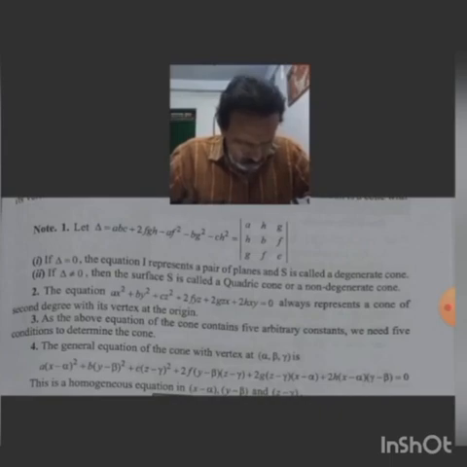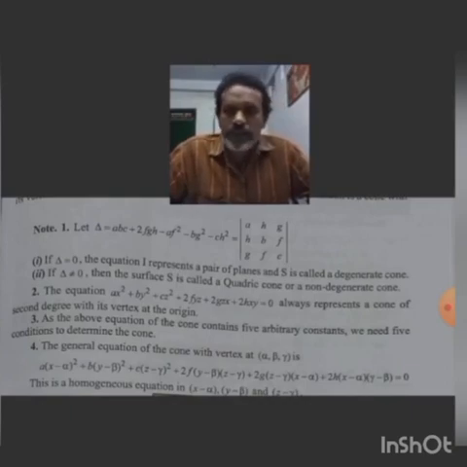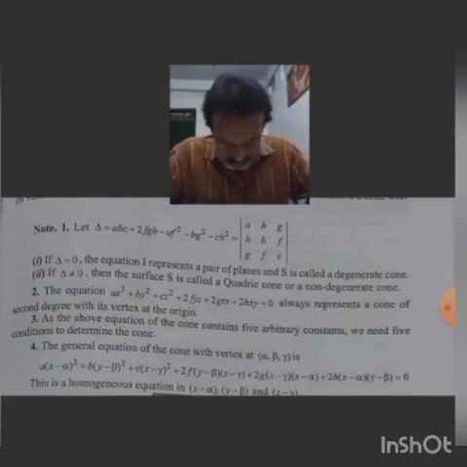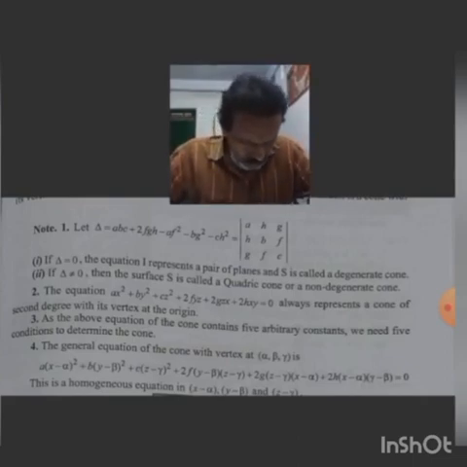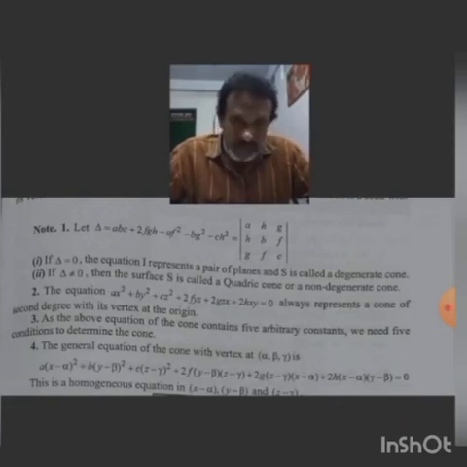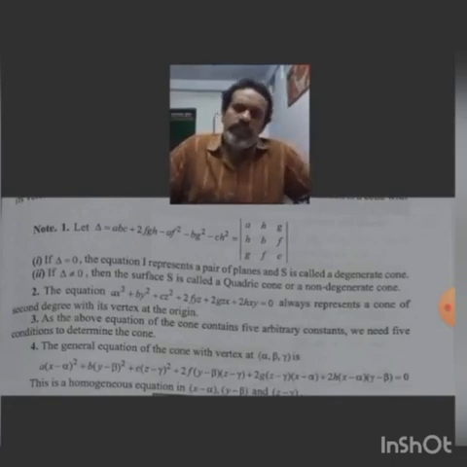The above cone has a pair of planes, so that is called a degenerate cone. If delta is not equal to 0, then you will get a quadratic cone or simply a non-degenerate cone. So that quadratic cone we are considering and discussing elaborately.